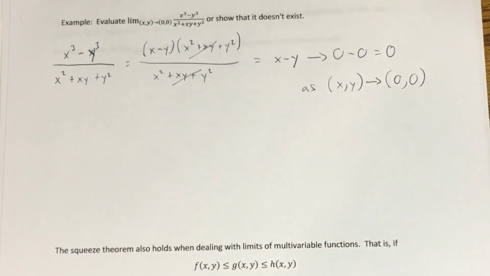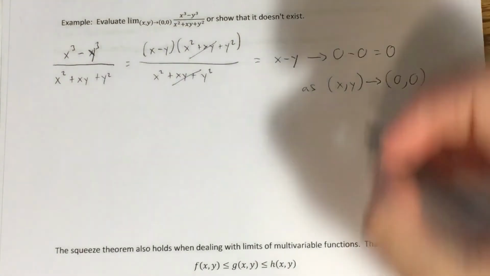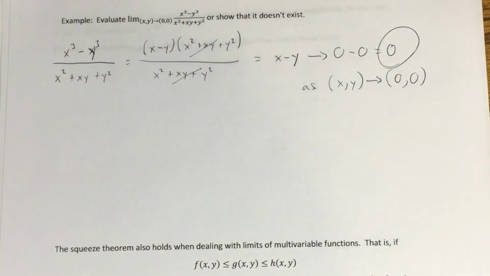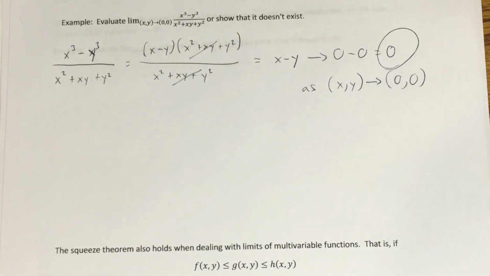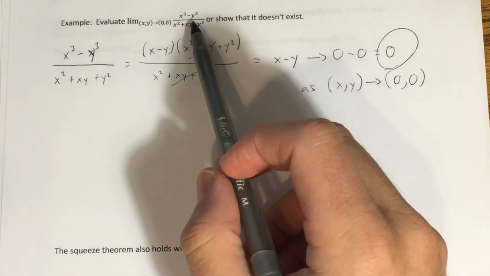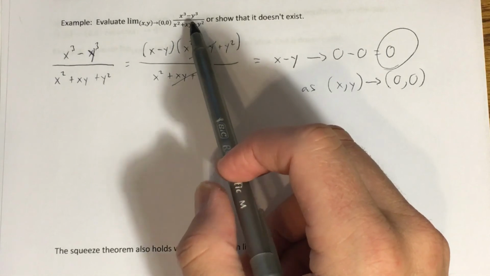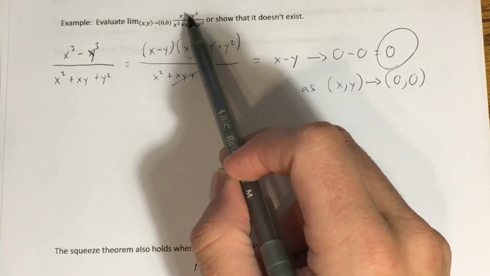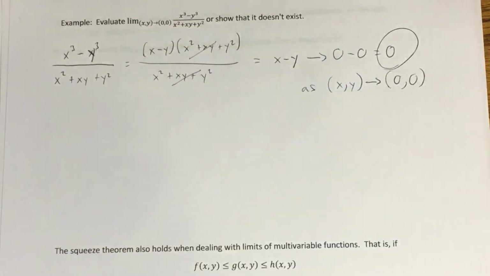Simplifying first made it so I could evaluate this limit using substitution. So my limit is 0. Now it's a little bit difficult to do that because, again, this involves factoring polynomials in 2 variables. So it may not be immediately obvious how to do that if you can at all, but in this case, you can.